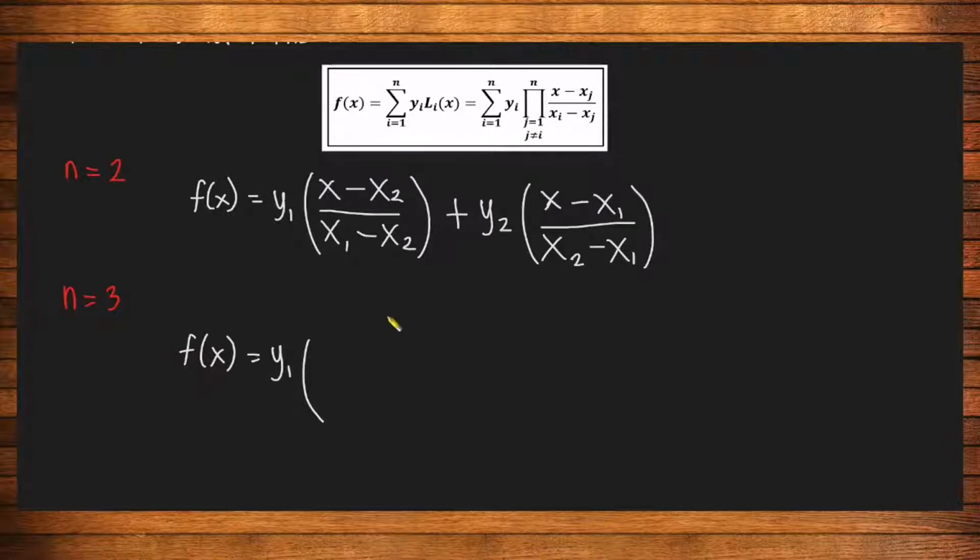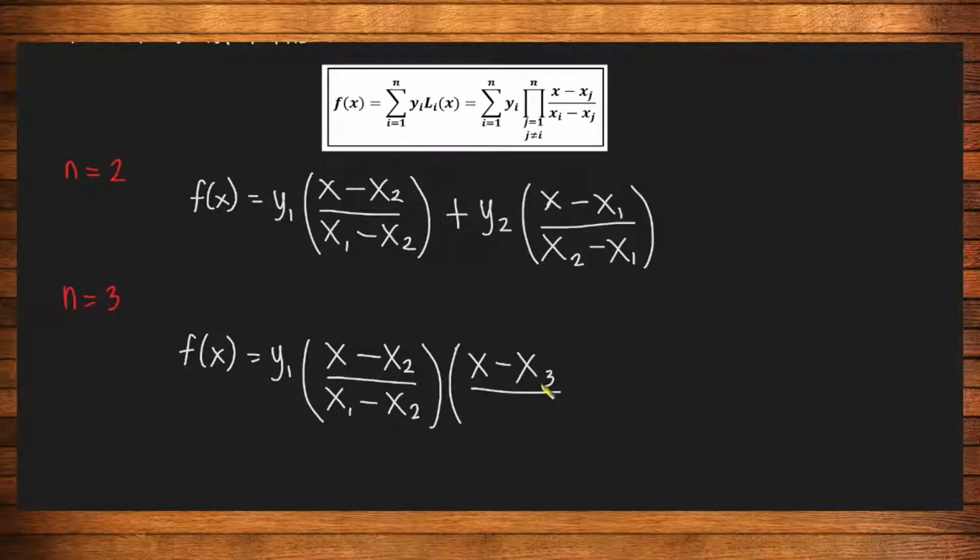But take note, again, na yung j natin should not be equal to I. So first, we will have x minus x sub 2 over x sub 1 minus x sub 2, so j natin dito is equal to 2. And then, we will multiply this by x minus x sub 3 over x sub 1 minus x sub 3. Okay? So again, product notation. So instead of adding them, we will multiply the Lagrange functions.